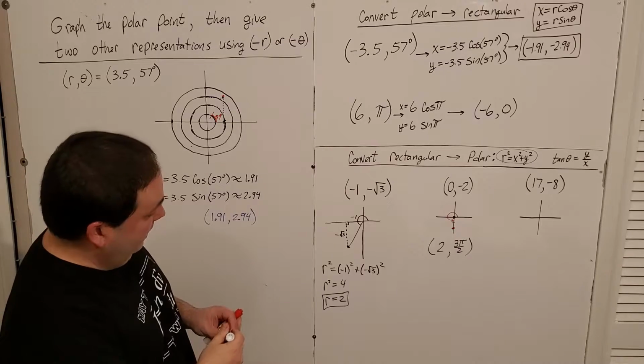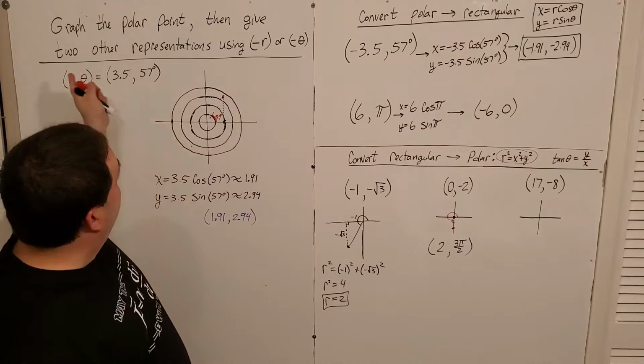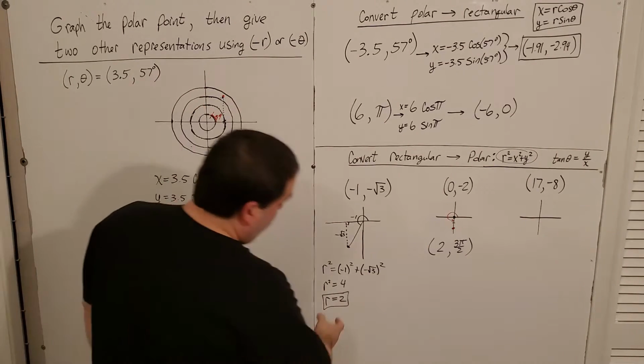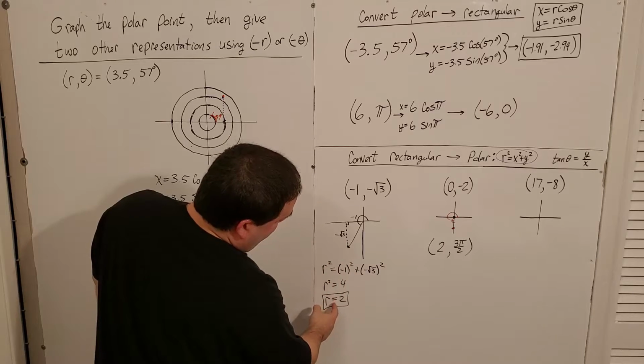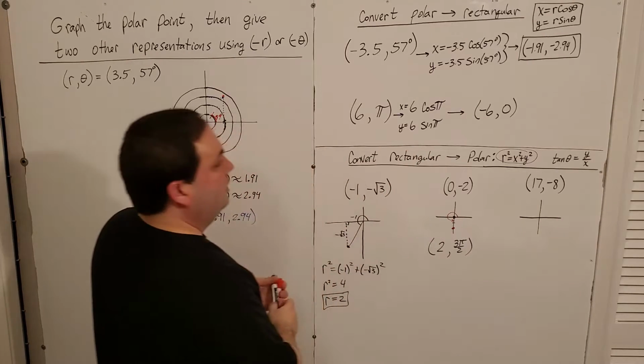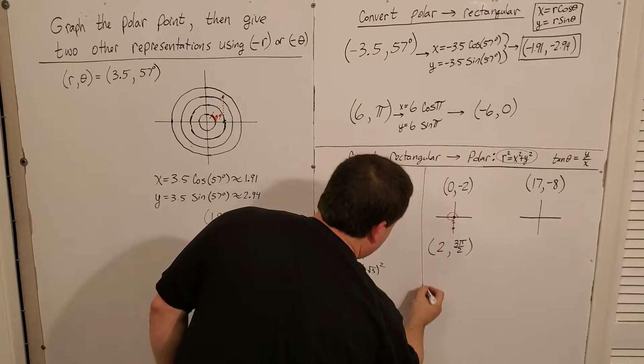And then let's calculate the theta. And once we finish converting all these, we'll come back and do the rest of this problem here. Okay, so I've calculated my r. How do I get the theta? It says tangent of theta is y over x.